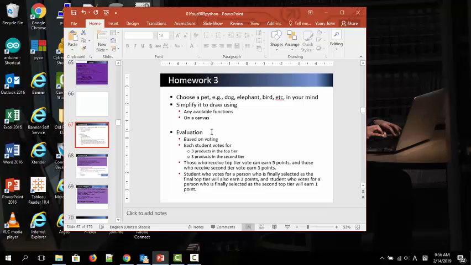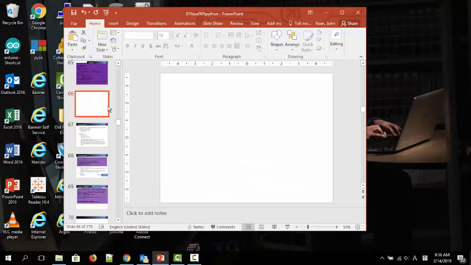What I'm asking you to do is draw any animal in your mind, and then draw it in Python language, not in a drawing tool. In order to do that, here's my tip. You first have to draw something in your mind.